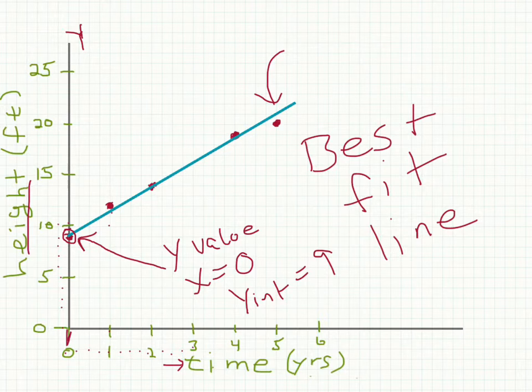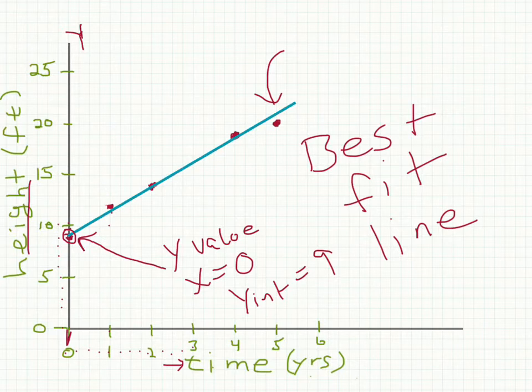What I mean by that is that we only want to use points that actually touch our best fit line. So while this right here is a data point, it is not a data point that our best fit line goes through, which means the data point (1, 12) is not a point that we want to use.